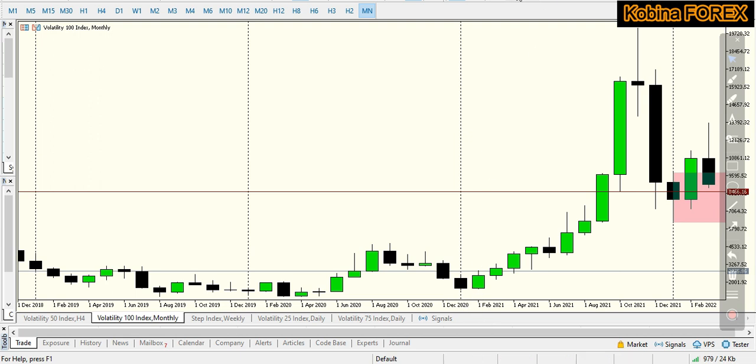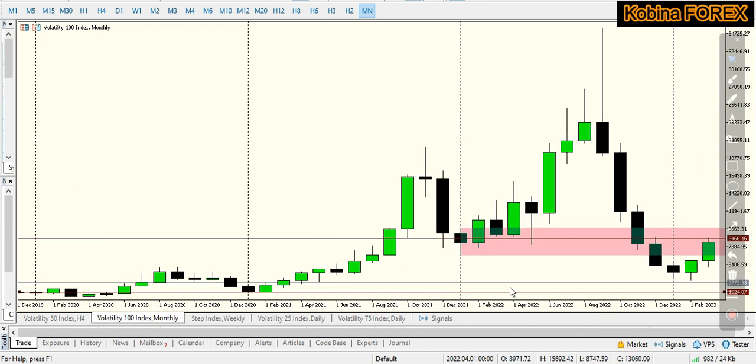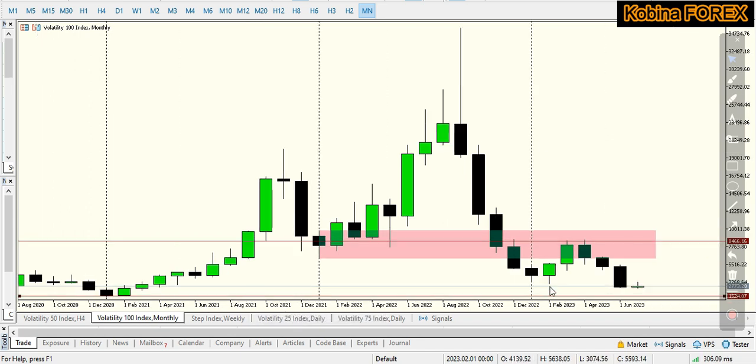I am expecting price to sweep the low below this. Yes, I'm expecting price to come and sweep the low. It's long term for price to do that. But before price does that, this is on the monthly time frame, what must price necessarily do?